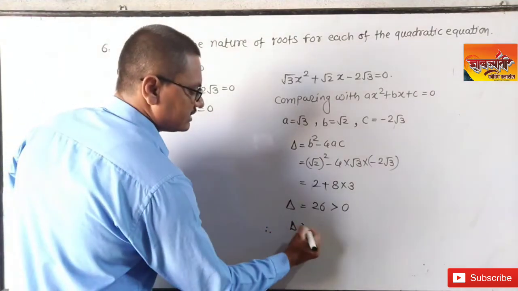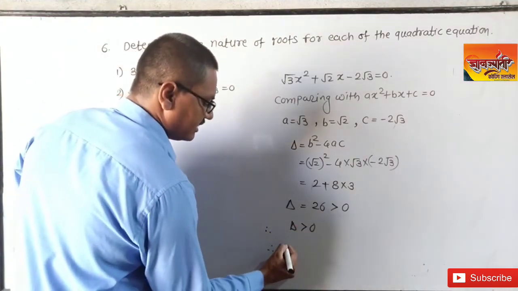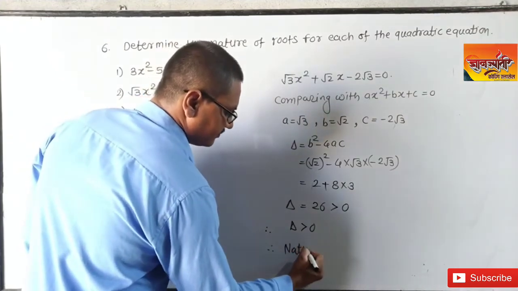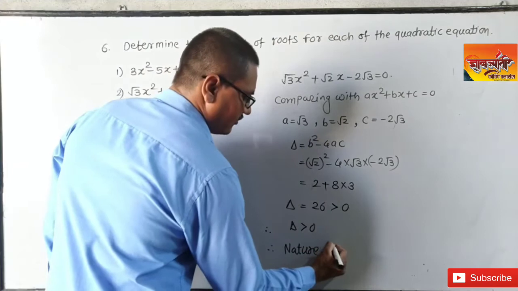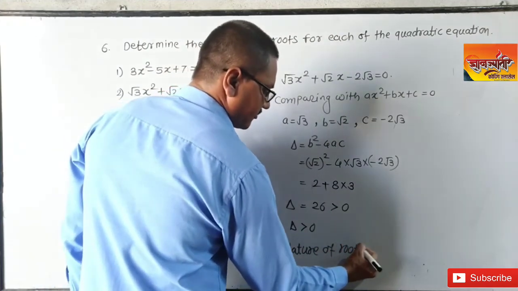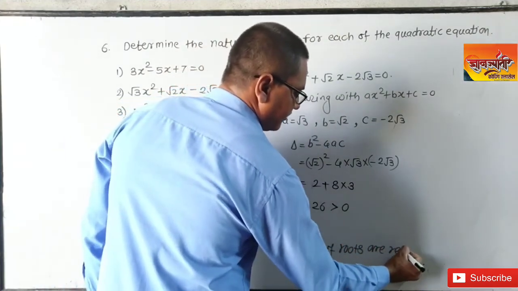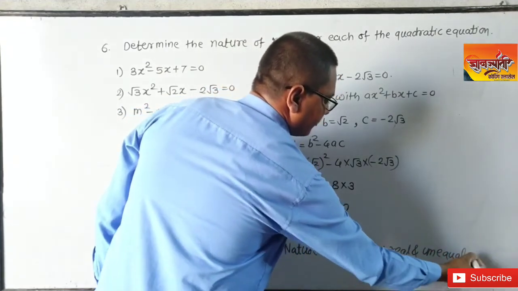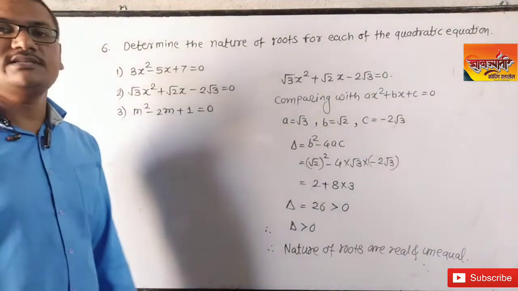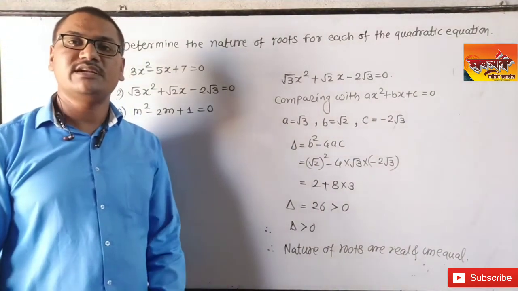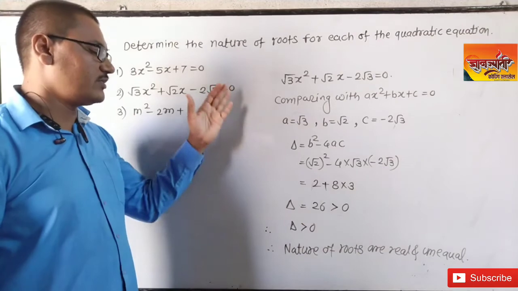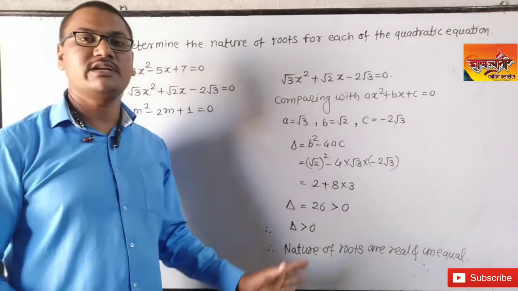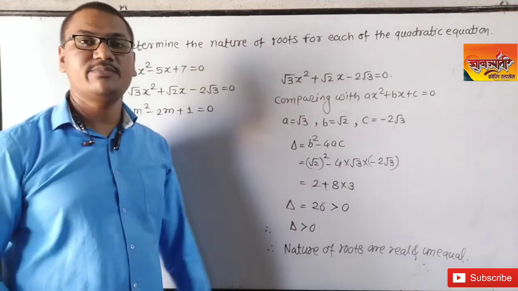Therefore delta is greater than 0, which means the nature of roots is real and unequal. You can solve related problems by using the definitions and the nature of roots of a quadratic equation.